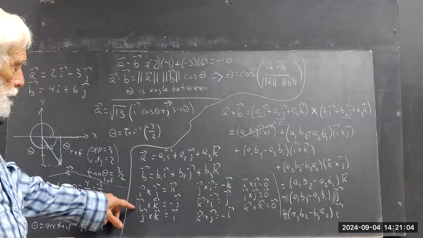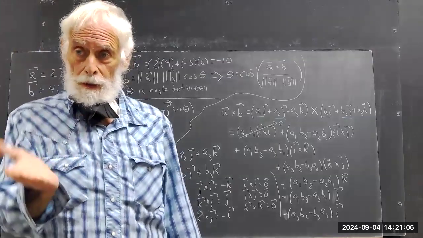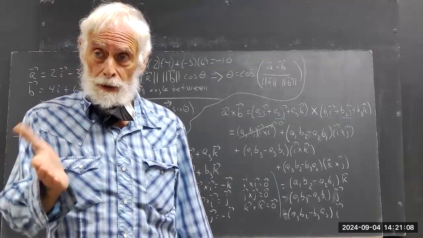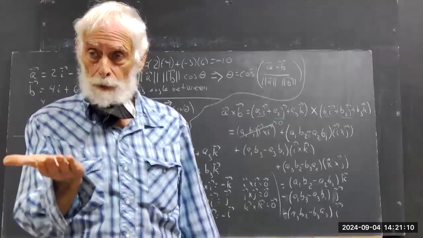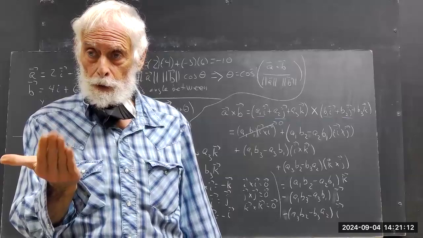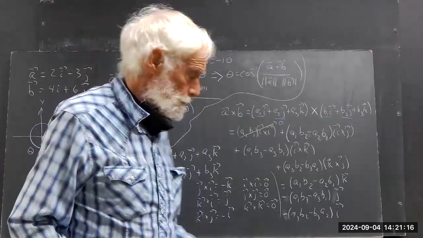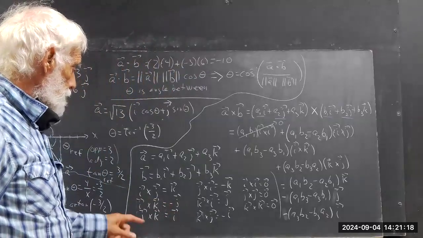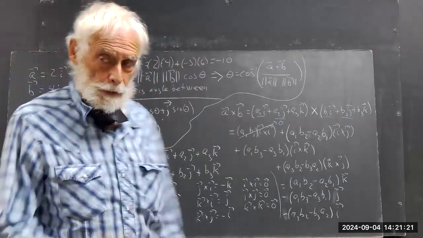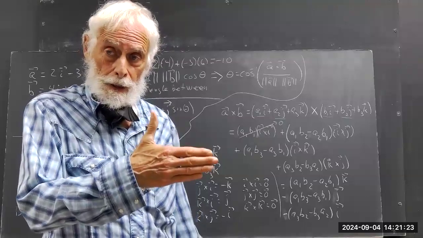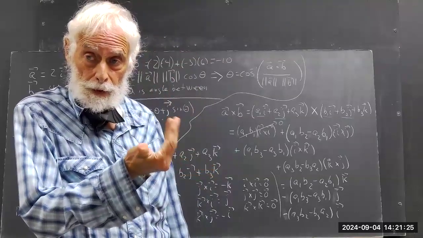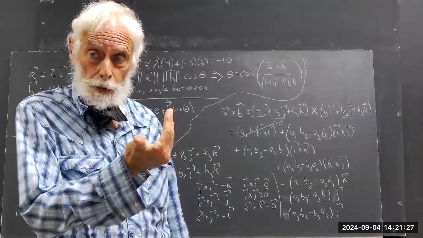And then you can work out i cross k. Here, fingers again in the direction of i. Where does my palm go? It goes so that my fingers will curl toward k. And that gives me the direction of the negative j vector. There it is. j cross k is i. j's here, k is up here, so I better turn my hand this way so that I can turn j toward k.